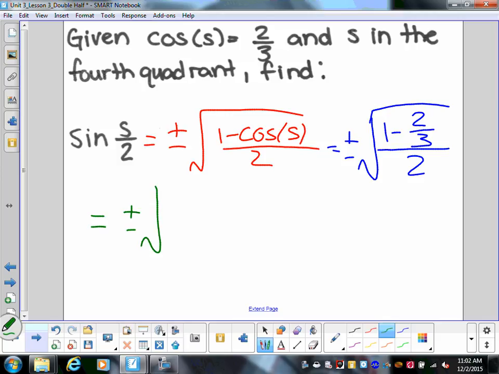So we gotta simplify this. 1 minus 2/3 is 1/3. And 1/3 divided by 2 is 1/6.